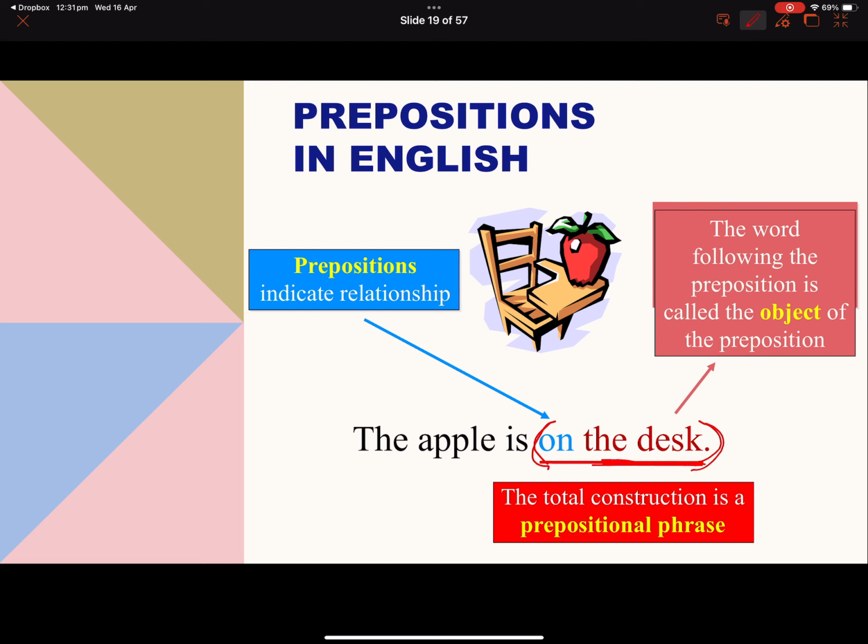When we bracket it out, this section is known as a prepositional phrase. It's the part of the sentence that includes and directly comes after the preposition.